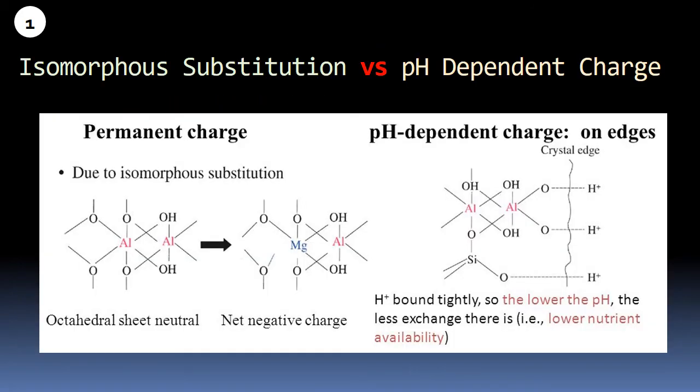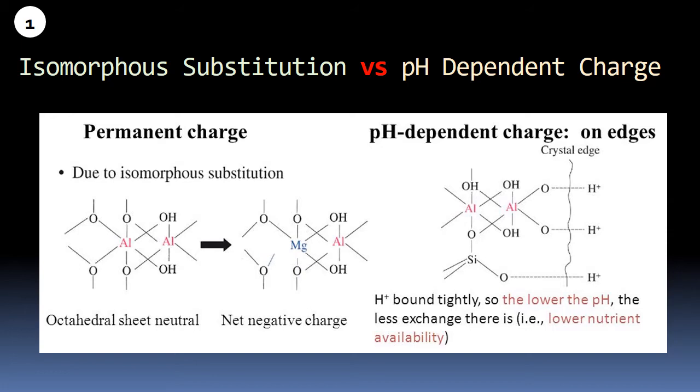To give you more illustration about the difference between the isomorphic substitution and the pH dependent charges, if you look to the right here, the isomorphic substitutions are a permanent source of charges, because the process happens with weathering, and the charges will be generated by replacing the central atoms of the tetrahedron and the octahedron by other cations that have the same size but lower charges.